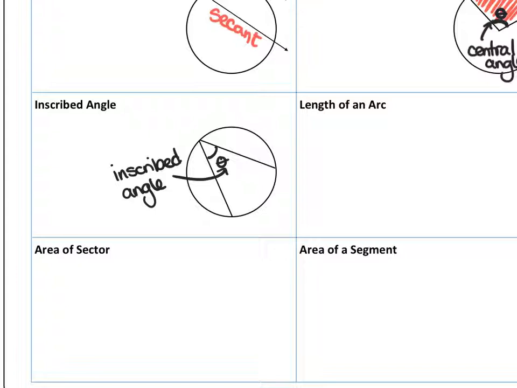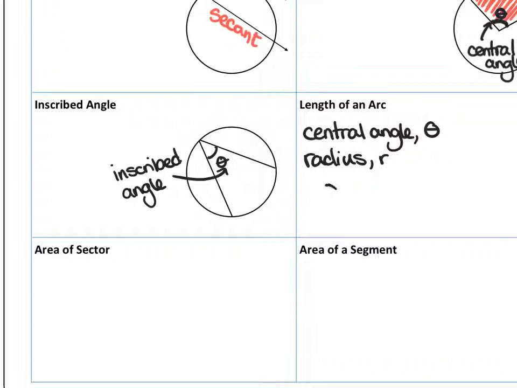You have to have been given a central angle. This is what you need for it. You need the central angle, and you need the radius. And then you can find the length of that.